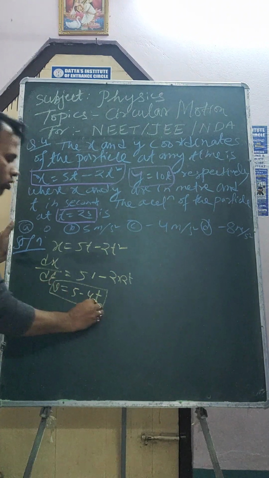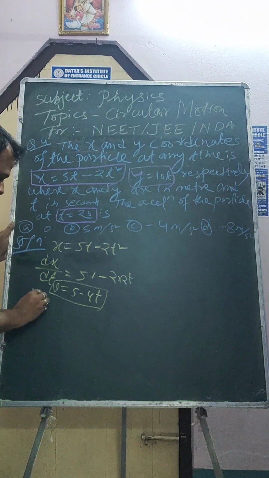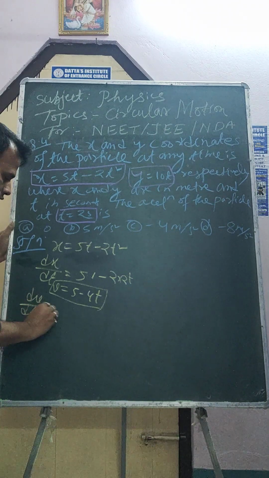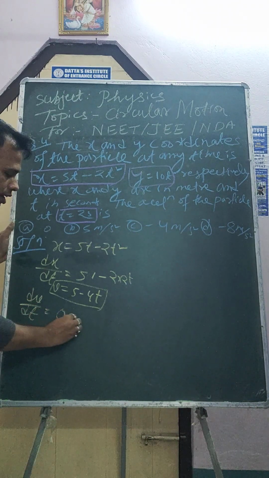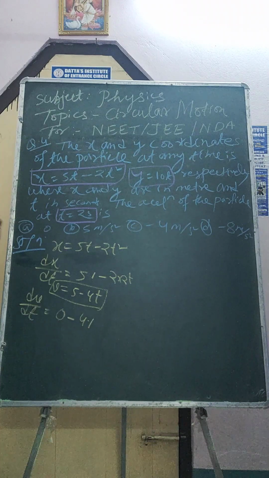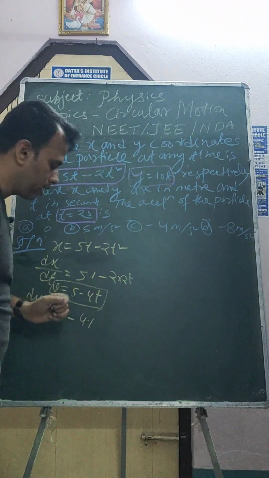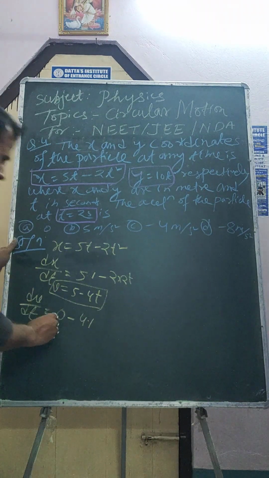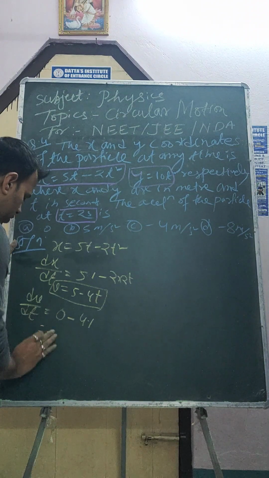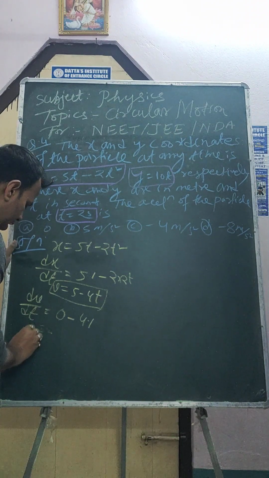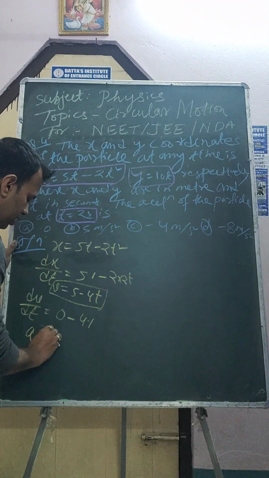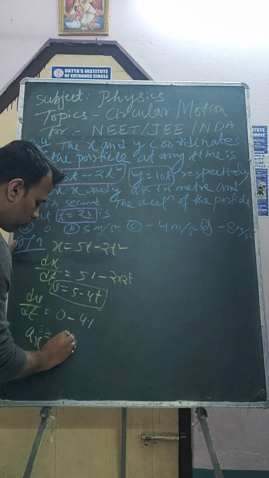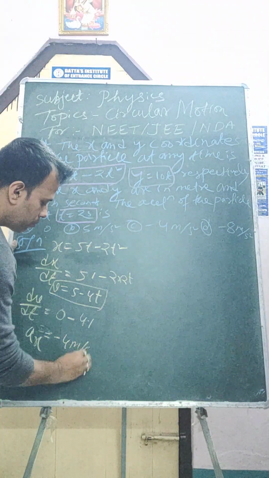Now again I differentiate this one to get the acceleration. It will be 0 for the constant, and here 4 into 1, since d by dt of t is 1, and d by dt of any constant is 0. So it will be minus 4. So here ax, this acceleration on the x-axis, is minus 4 meter per second square.